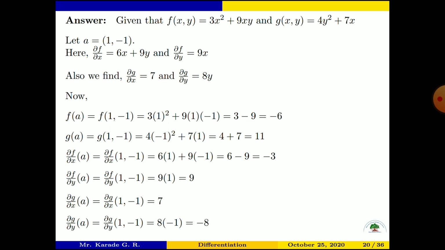Given that f of x comma y is equal to 3x square plus 9xy and g of x comma y is equal to 4y square plus 7x. Let a is equal to 1 comma minus 1, that is the given point.